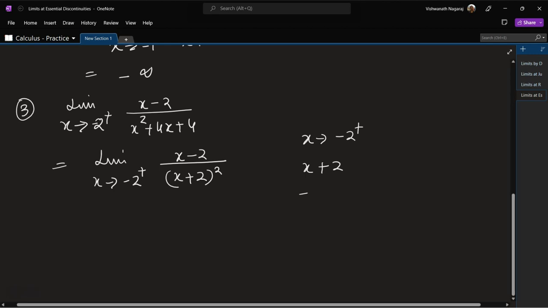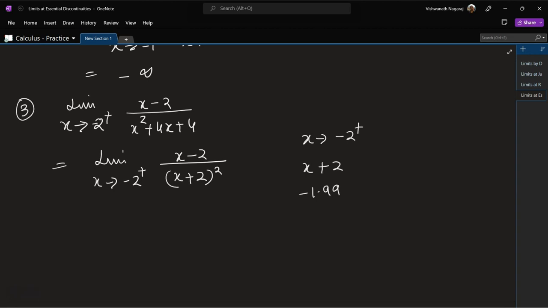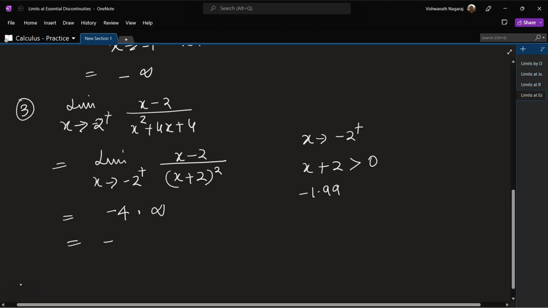So minus 2 from positive side means minus 1.999. Minus 1.999 plus 2 would give us a positive number. So that means it is going to be greater than 0. So which means the numerator we can directly do substitution, minus 4, times the square of this would be much more small, right? So 1 by a very small number will give us infinity, a very small positive number. So which means this is going to be minus infinity.